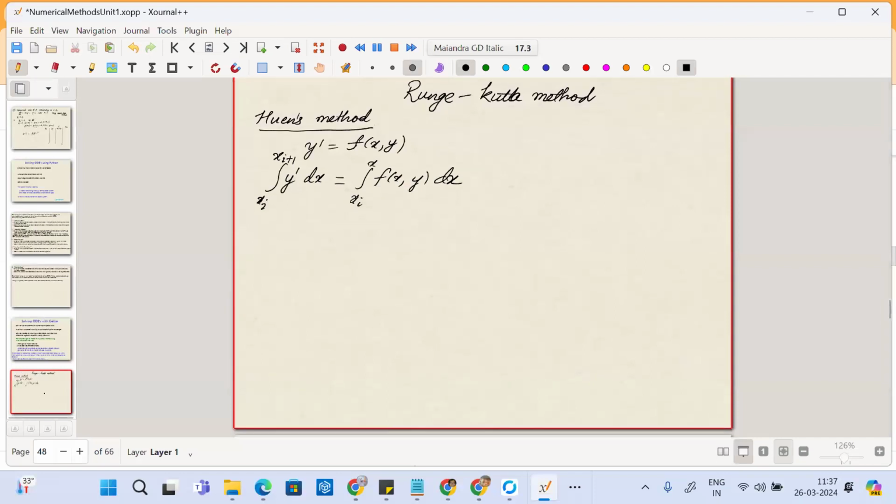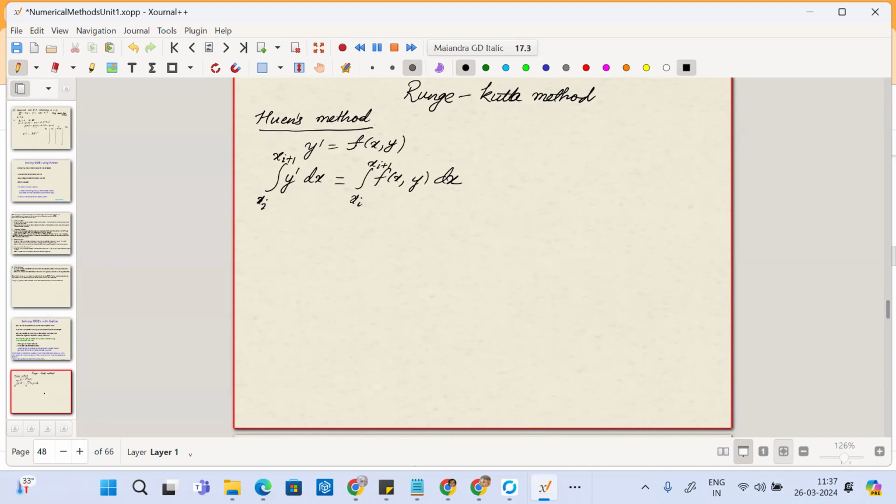Now the trick I will apply is on the right hand side: the integration from xi to xi+1 of f(x, y) dx. That integration we can approximate using any of the integration methods. What integration methods did we learn? Simpson's 1/3, Simpson's 3/8, but we also learned another one, the trapezoidal. We will use that here.